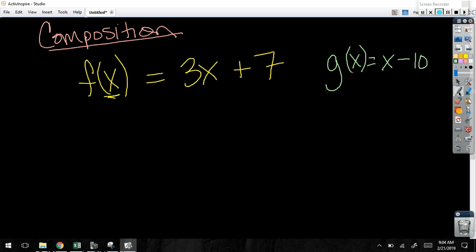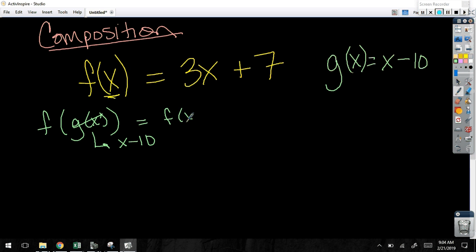What if I asked you to find f of g of x? Plug in x minus 10 for x. You're exactly right, g of x is x minus 10. So really what I'm finding is f of x minus 10.